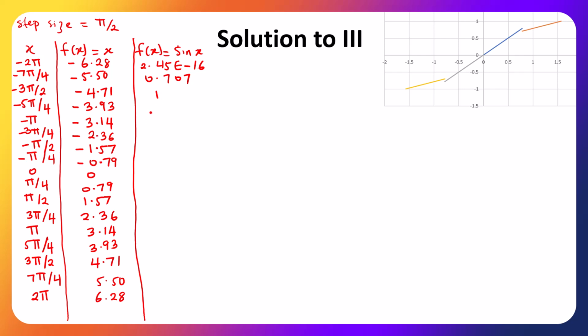Then we have next 0.707. Then for sine of pi, we have minus 1.225 times 10 to the power minus 16. Then we have minus 0.707. And the next one we have minus 1.